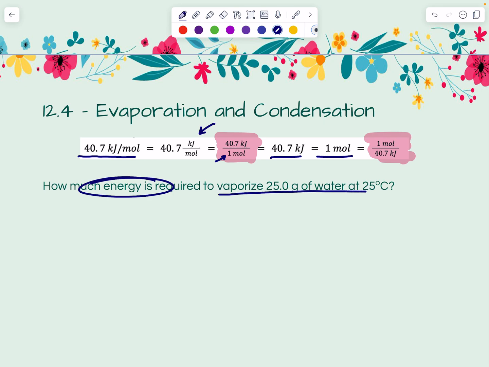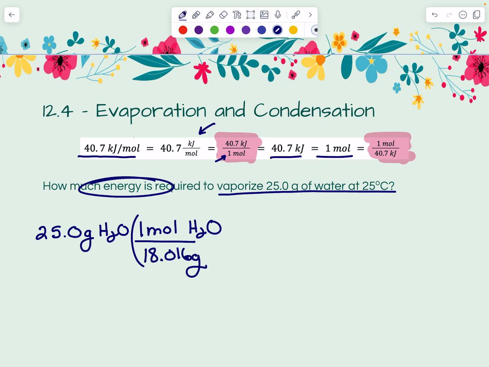So I know that the last unit is going to have kilojoules on top. Needed to vaporize 25 grams of water at 25 degrees Celsius. So I start with that 25.0 grams of water, but I know that the conversion factor, or the delta H of vaporization, is kilojoules per mole. So I'm going to need to convert from grams of water to moles of water. And, actually, I don't need to do equals right now because I can just go right into the next conversion factor, which says that 40.7 kilojoules is the energy needed to vaporize 1 mole of water.